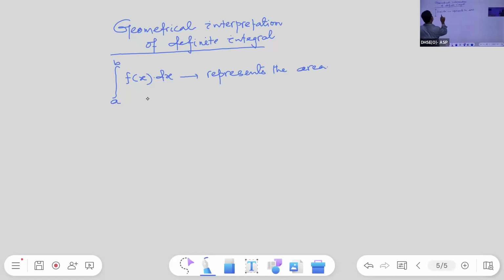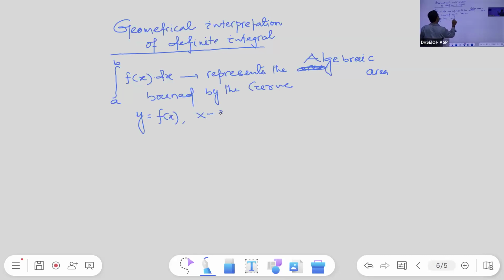Integral a to b f of x dx represents the algebraic area bounded by the curve y is equal to f of x, the x-axis, and between the ordinates.